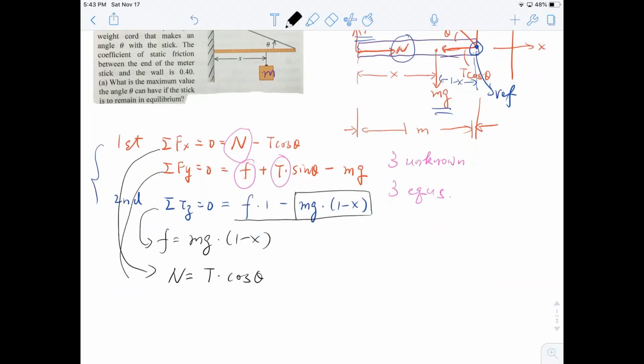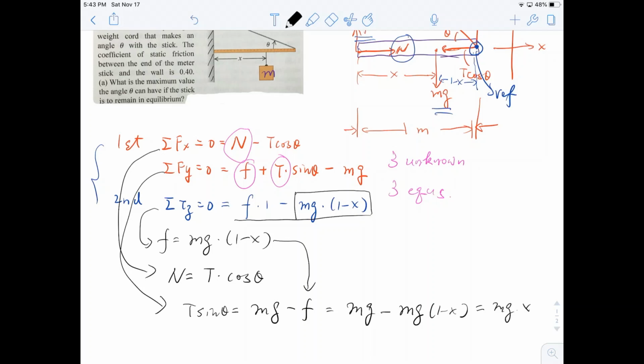And with this one, we basically have the tension force, T times sine theta, equal to mg minus f. And we already solved what f is. We move that here, so that will be mg minus mg(1 minus x). What is this? That will be mg times x.